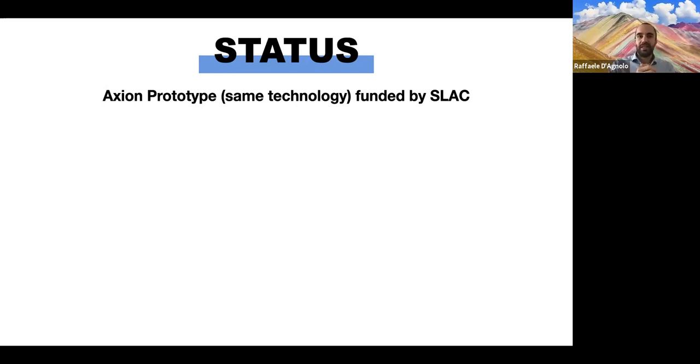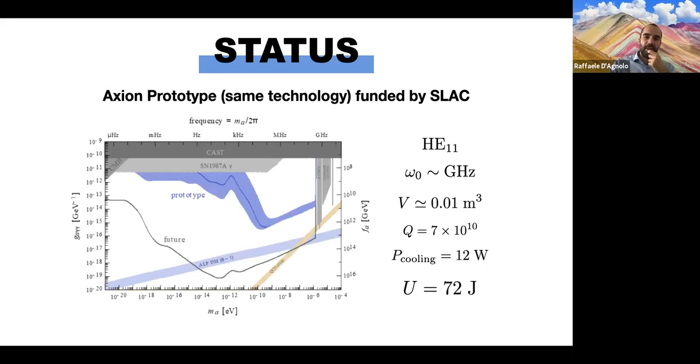So in principle, in the next 2 to 3 years, we should be able to build and test this prototype, which has already some good sensitivity to axion dark matter. So you can see the blue line here for different choices of parameters. The nominal ones given by the line in the middle of the band are here on the right-hand side, in case you're interested.